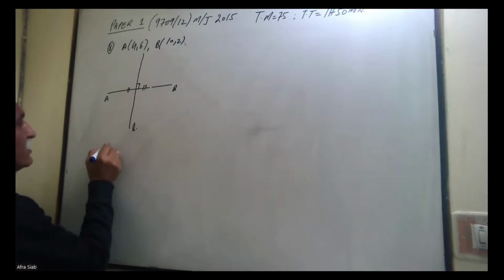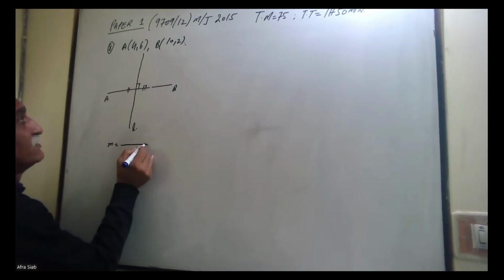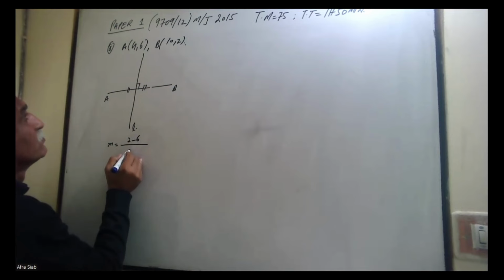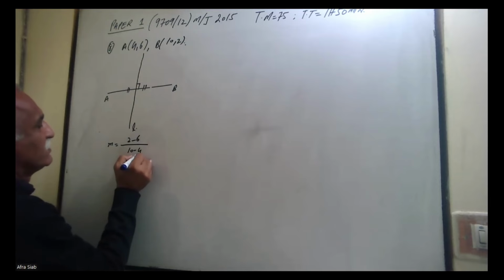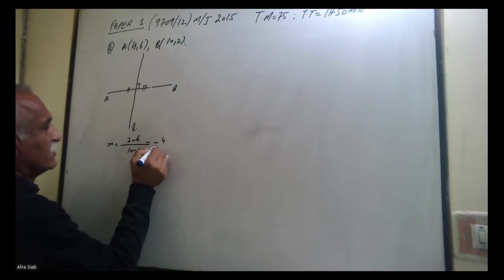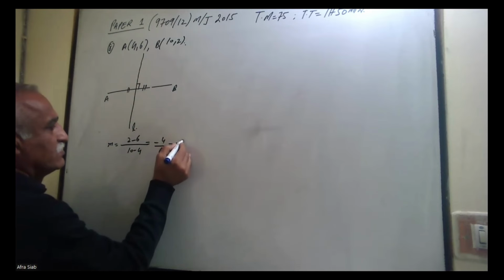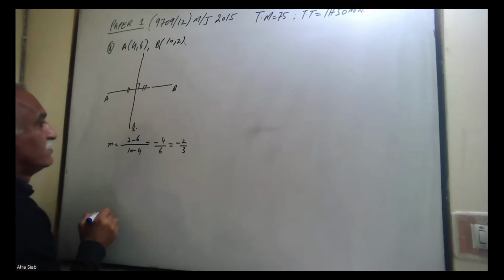For this we will calculate the value of m first, that is equal to 2 minus 6 over 10 minus 4, that is equal to minus 4 over 6, or minus 2 over 3.